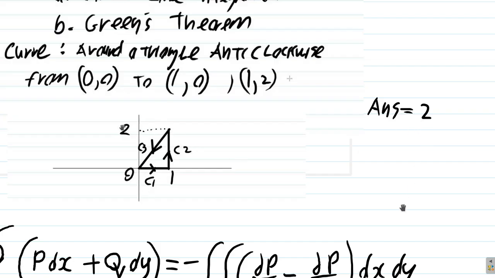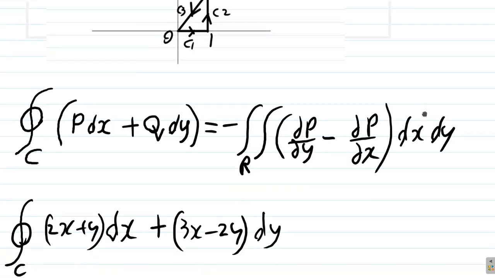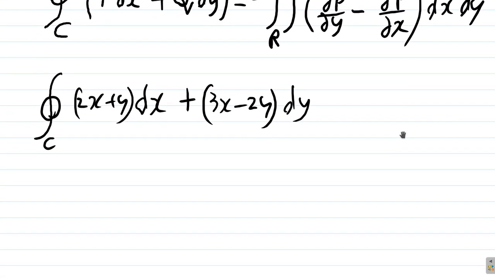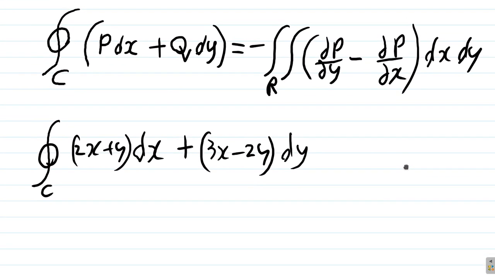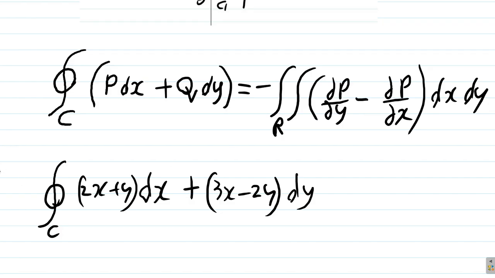So we got 2 when we did the direct line integration. We're going to see if we get 2 again when we do Green's theorem. So now we need to convert it into this form.